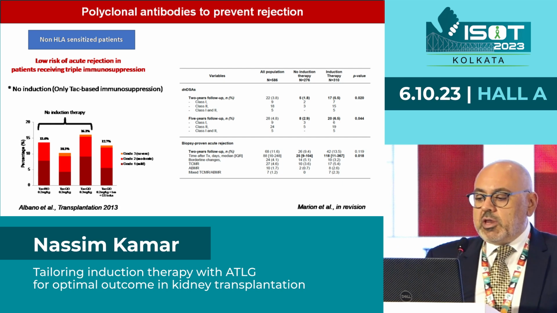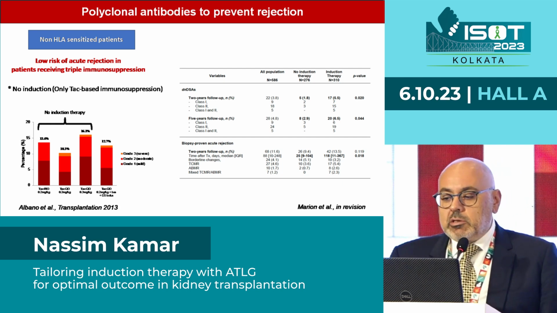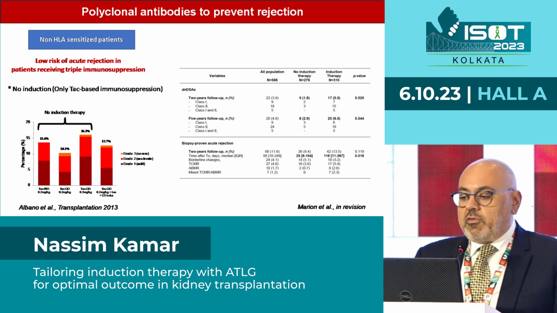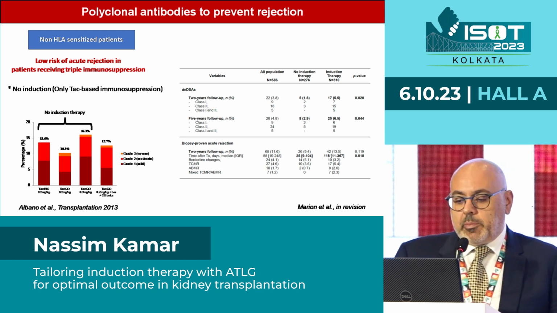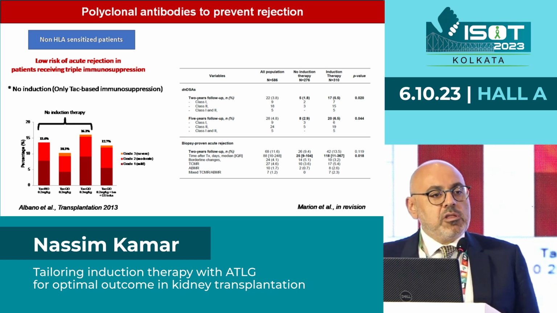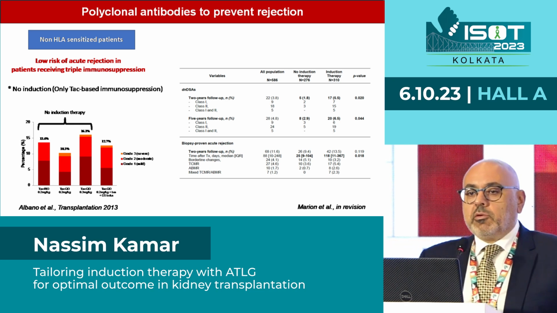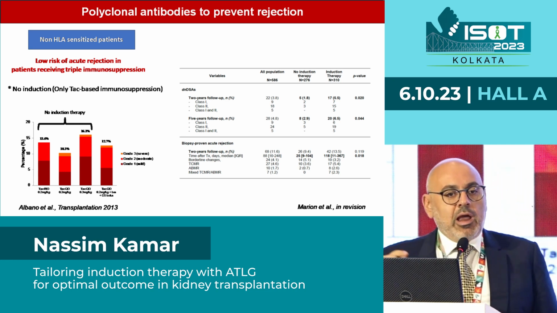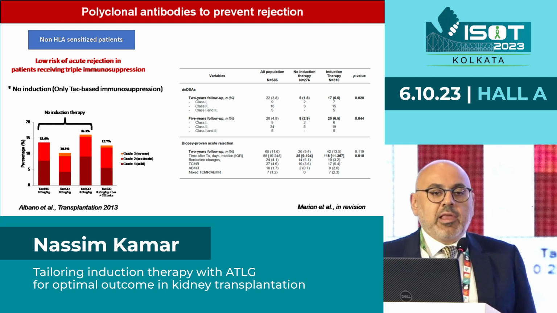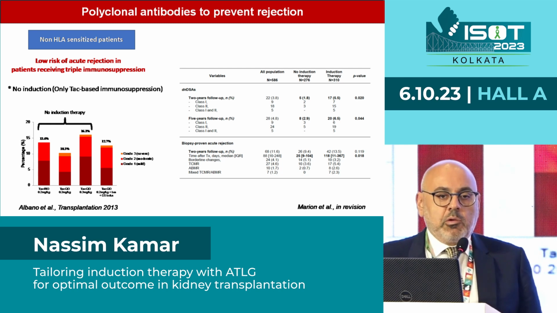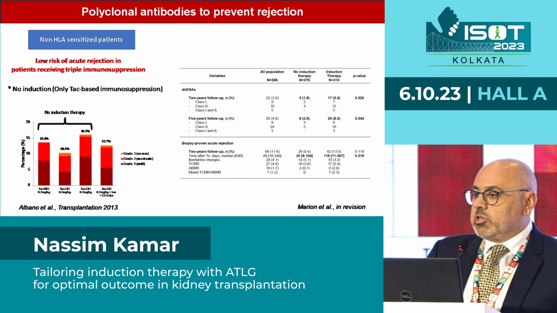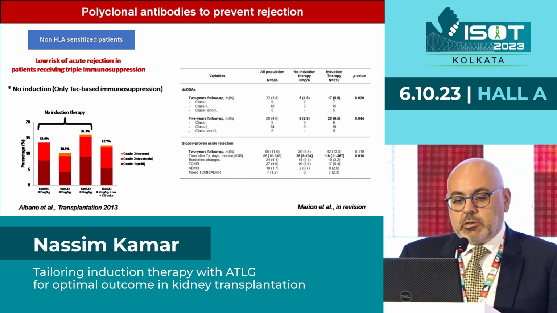It was 3.8% in the whole population, 1.8% among patients without induction therapy, and 5% among patients with induction therapy, and a very low acute rejection rate. However, you can do this if you are able to monitor tacrolimus trough levels very early after transplantation and daily, and to target a trough level that is around 10 nanogram per milliliter to avoid acute rejection. If you are giving a low dose of tacrolimus, it will not be sufficient and it will increase the risk of acute rejection.